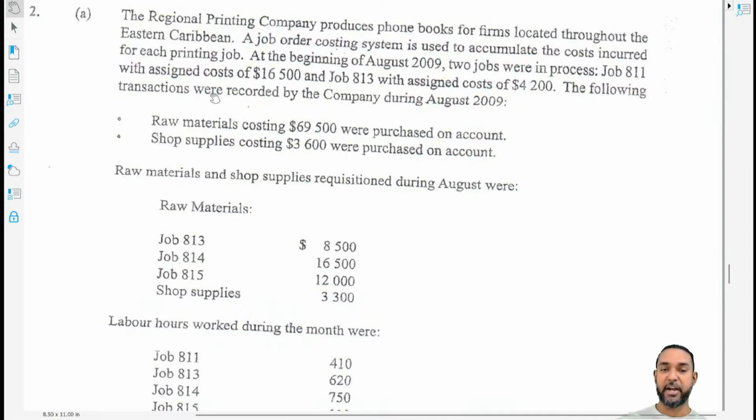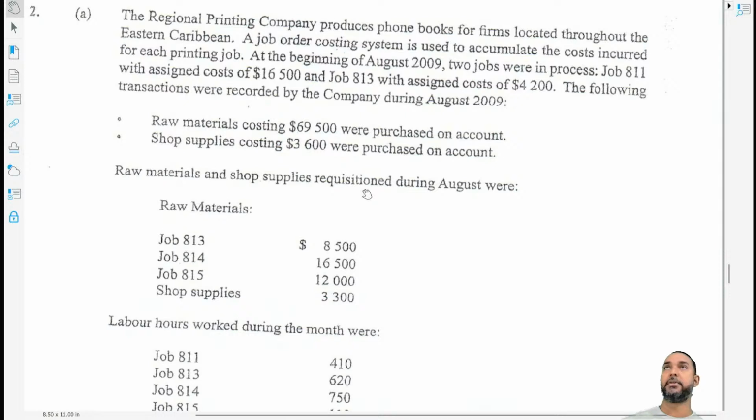The following transactions were recorded by the company during August 2009. They purchased raw materials costing 69,500. When they say purchased on account, they mean they bought them on credit. Shop supplies costing 3,600 were also purchased on account. Raw materials and shop supplies were requisitioned during August.